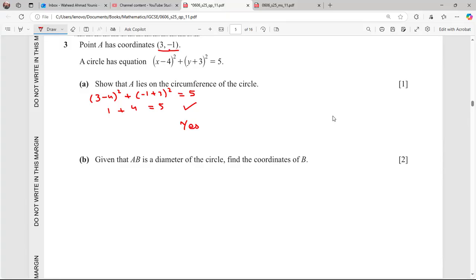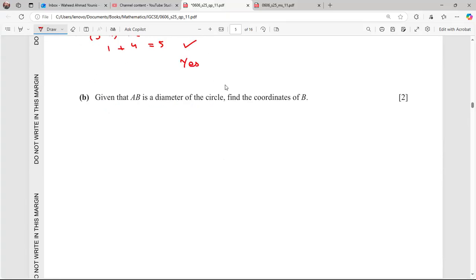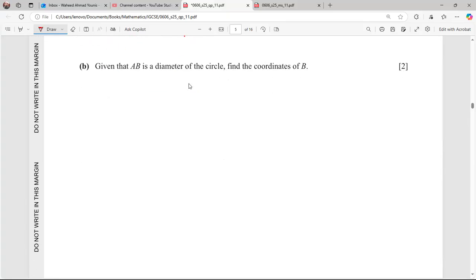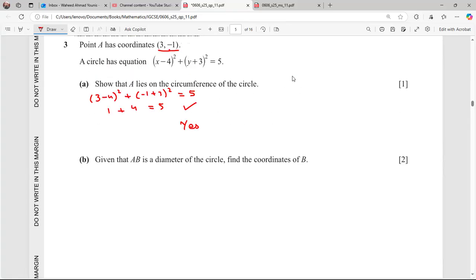Now the second part B, given that AB is a diameter of the circle, find the coordinates of B. We can do this question just intuitively. You see, what is the center of the circle? The center point, from here you can see, is 4 and minus 3.